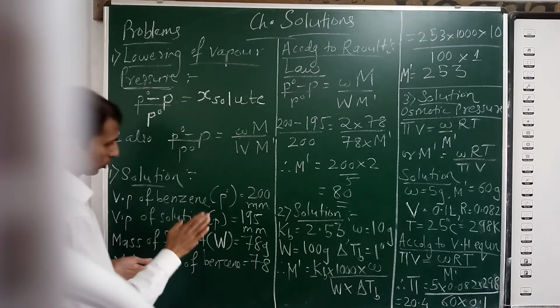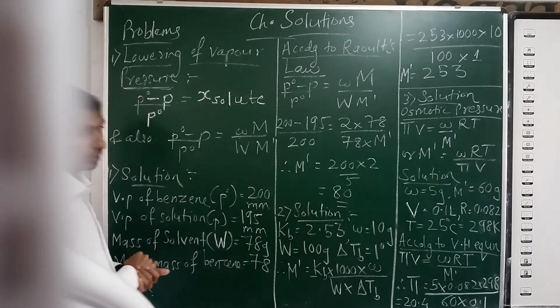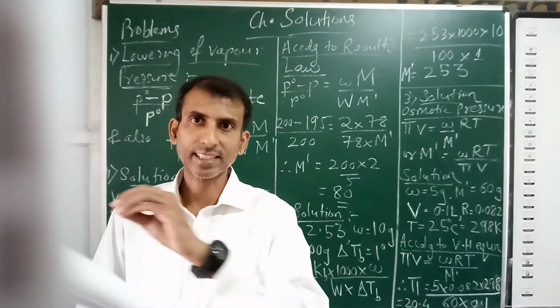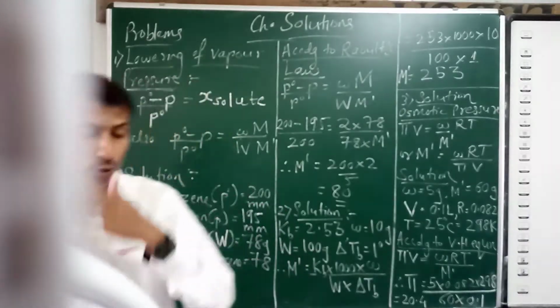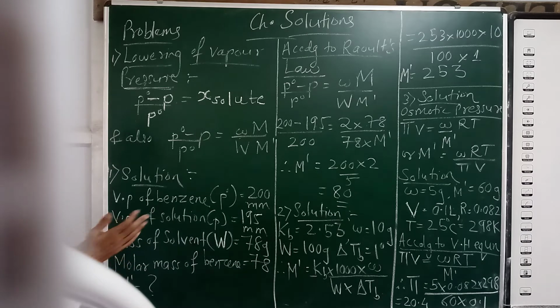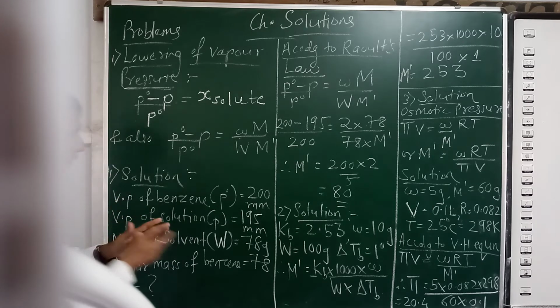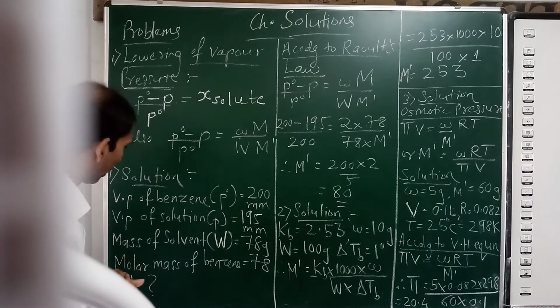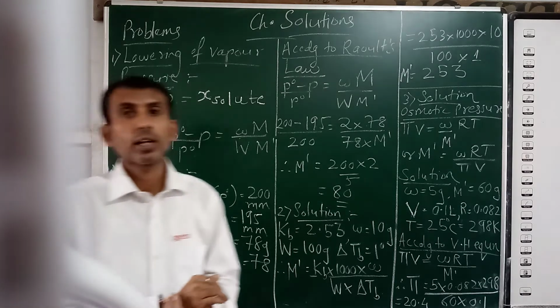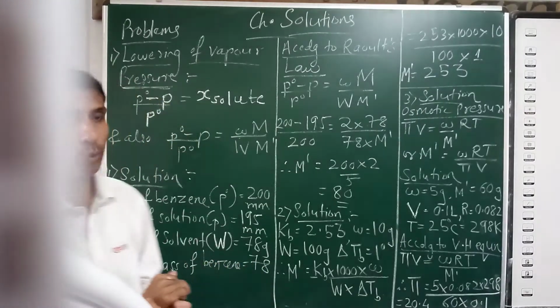Molar mass of solvent is 78, that you can calculate. You know the molecular formula of benzene, that is C6H6. So you add up the atomic masses of all the atoms present in benzene, and you get 78 as the molar mass of benzene. And now we have to calculate the molar mass of a non-volatile solid having mass 2 grams.